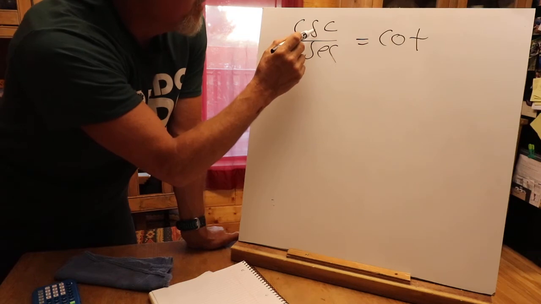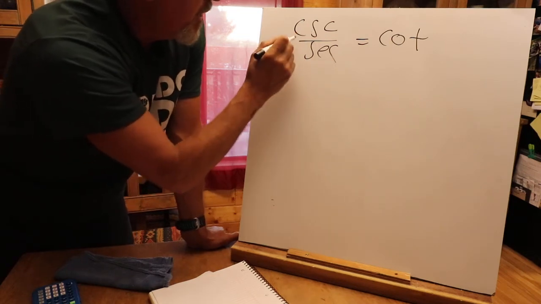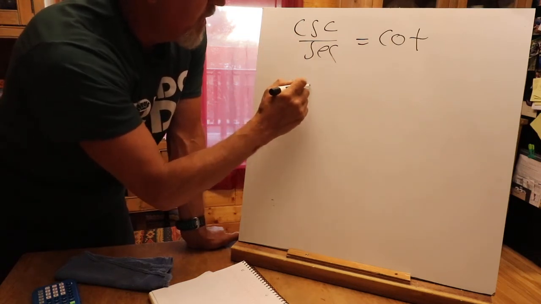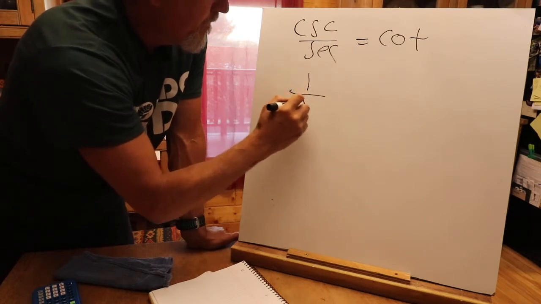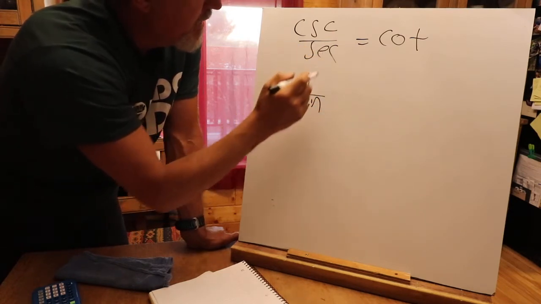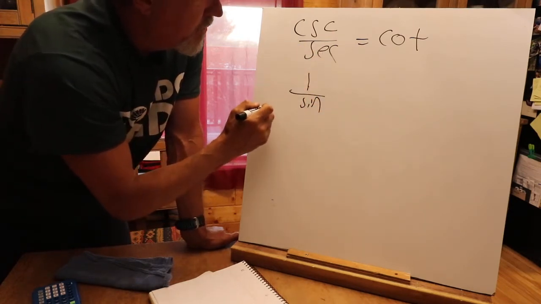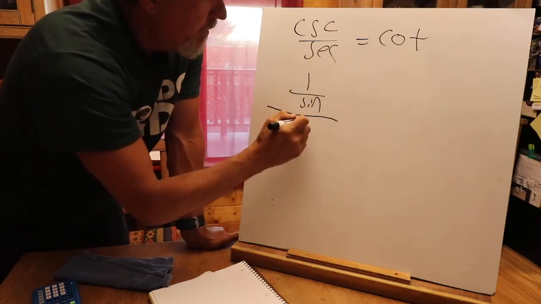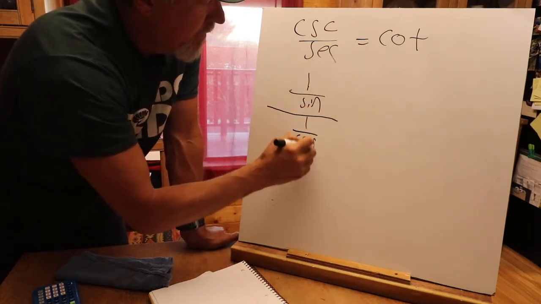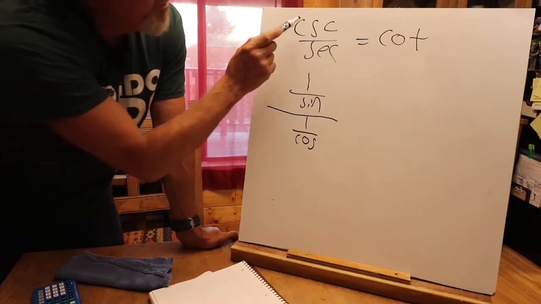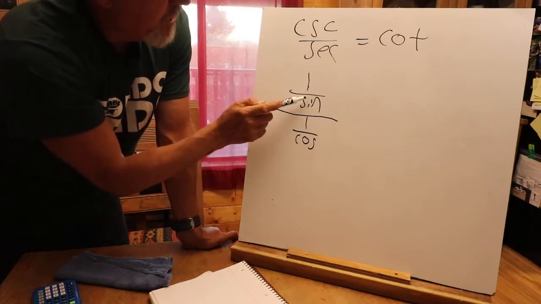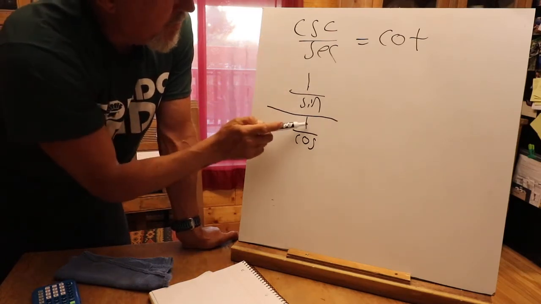So cosecant goes with sine. So I'm going to change the cosecant to a 1 over sine. The secant goes with cosine. So I'm going to make that 1 over cosine. So look at what happened. This cosecant became 1 over sine. The secant became 1 over cosine.